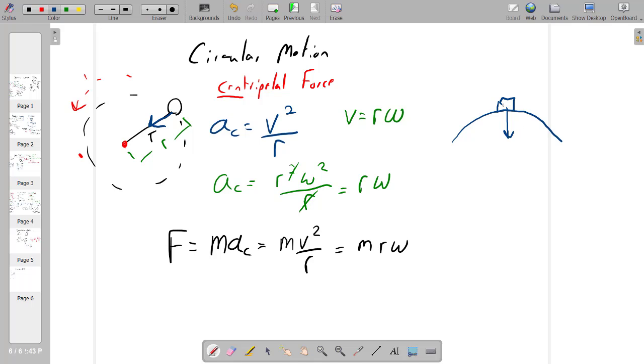What force causes a roller coaster to go around this curve and points down? Would it be centripetal force? It is. Yep, it's a centripetal force. But remember, centripetal force is due to something. So gravity. Gravity, good. So this is just mg.